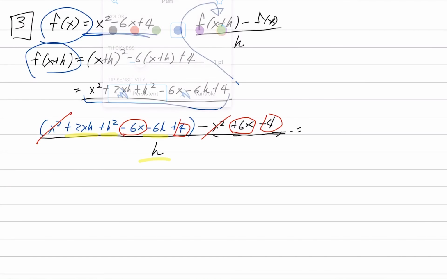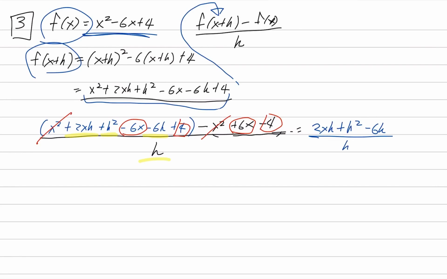So once we simplify, we have 2xh plus h squared minus 6h over h. Okay. So then we can simplify this further. Since h is a common denominator, we can separate all three terms into three separate fractions.